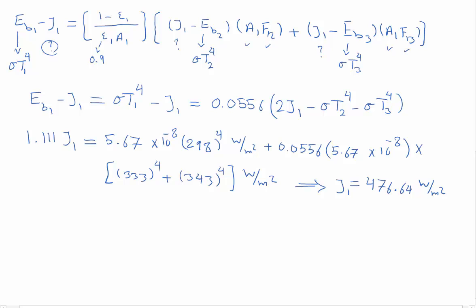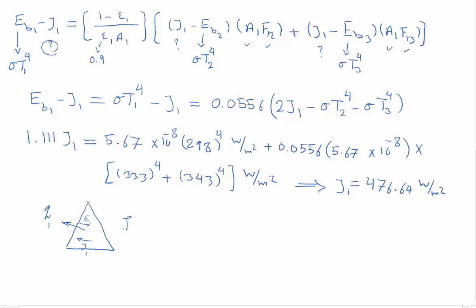So J1 is giving us the radiosity from the surface, but we are interested in the net radiation. We want to know Q1. That's what we care about. Radiosity is of course what we see here coming towards J1, but there is also radiation from this surface. These two work together to give us the net radiation.